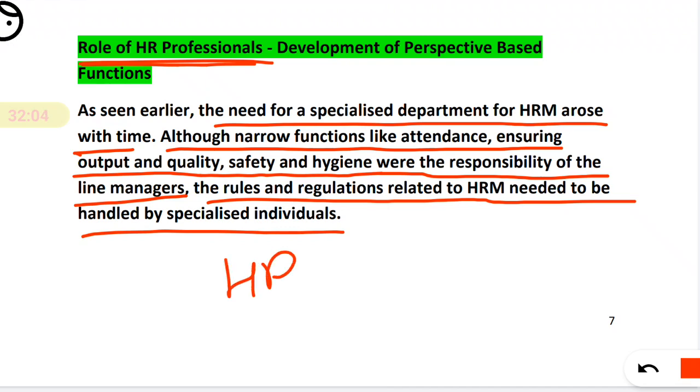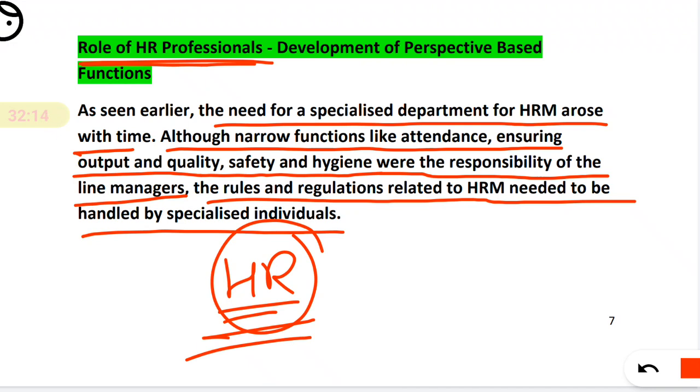What HR should do, we have discussed in the past. The different activities, for example, before the HR department, attendance, safety, hygiene, these were all the responsibility of the line managers working in the factories.